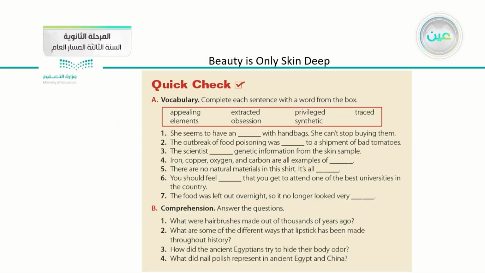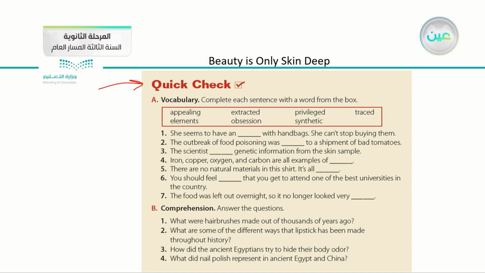Now let's go to the quick check part. In the quick check, we have 2 parts, vocabulary and comprehension. In the vocabulary, we will complete each sentence with a word from the box. In this box, we have words that were extracted from the previous texts.